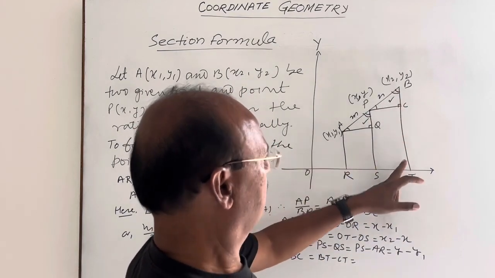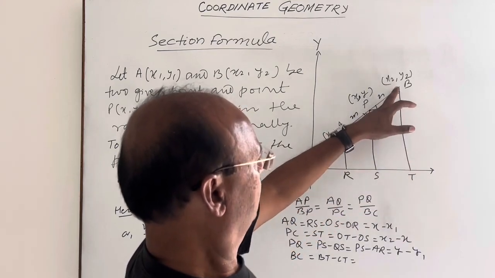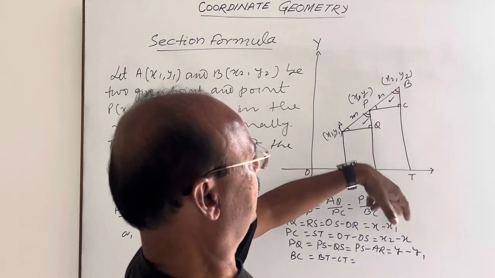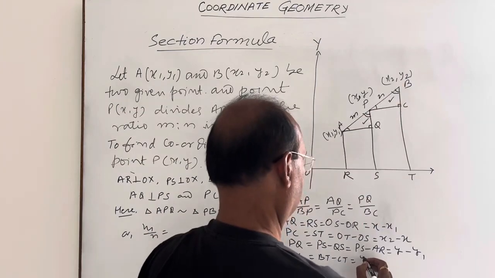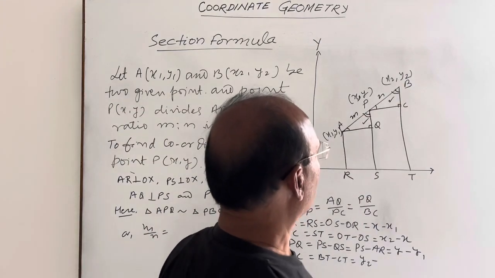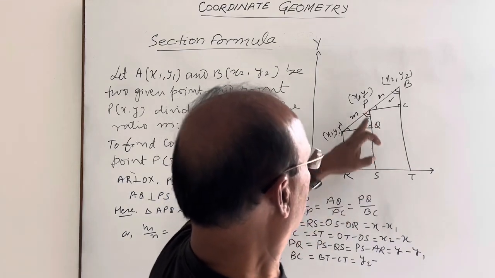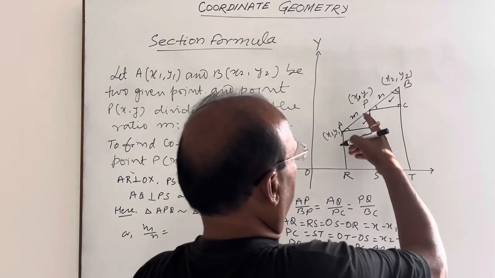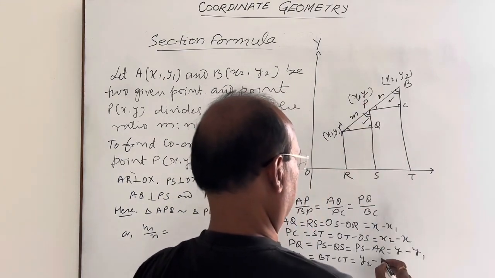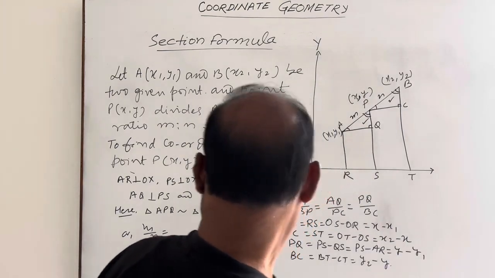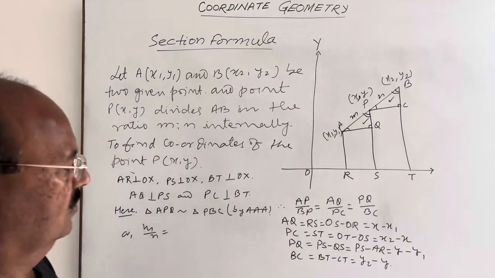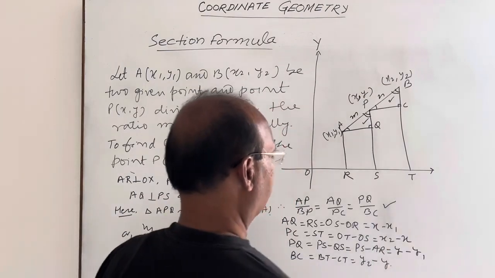BT minus CT, and BT is how much? BT is Y2 minus CT is equal to PS, and PS is Y. Now we can use these ratios.